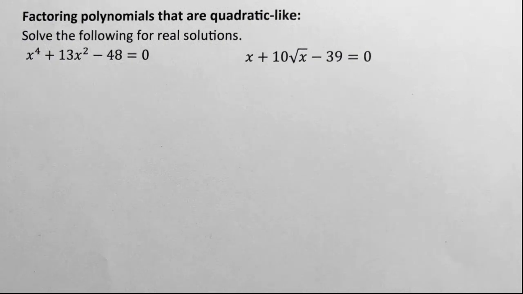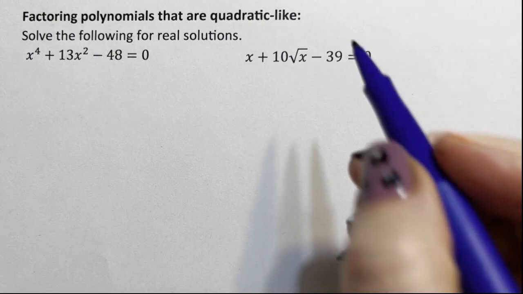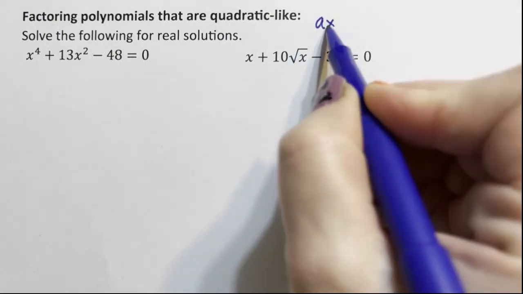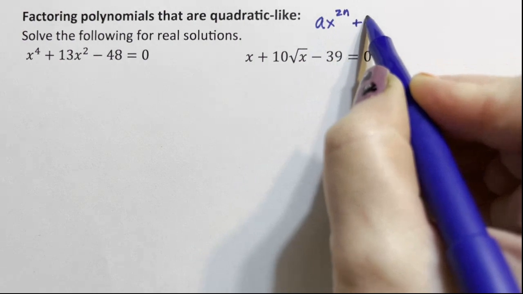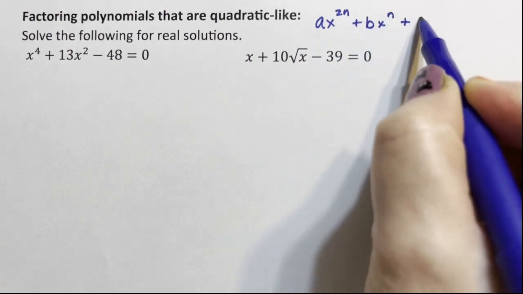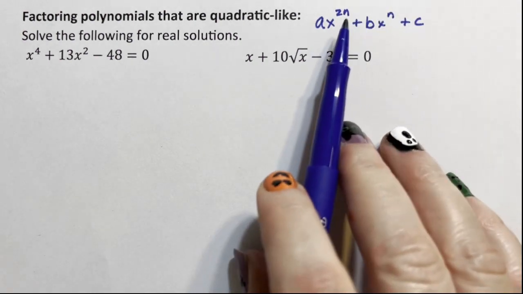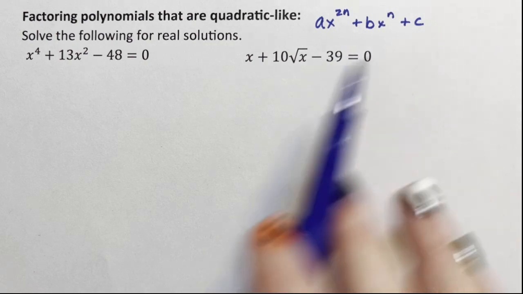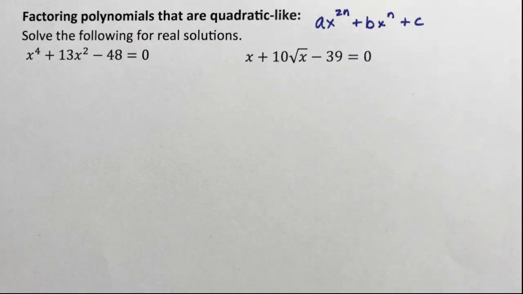Now, both of these are quadratic-like, and what I mean by quadratic-like is anything that's in the form of ax to the 2n plus bx to the n plus c. So our exponents go double, single, zero, and it can be factored in the same way that you do any other quadratic.